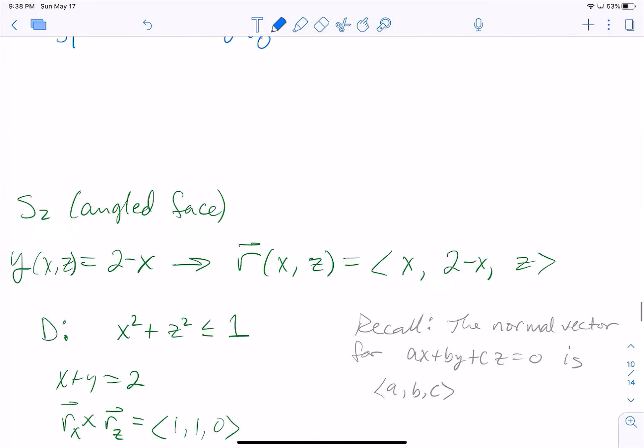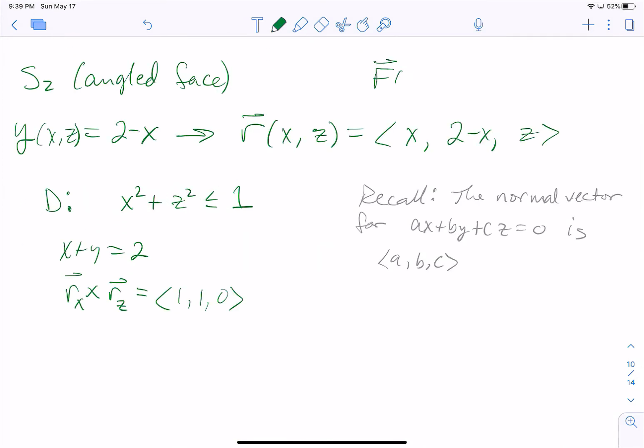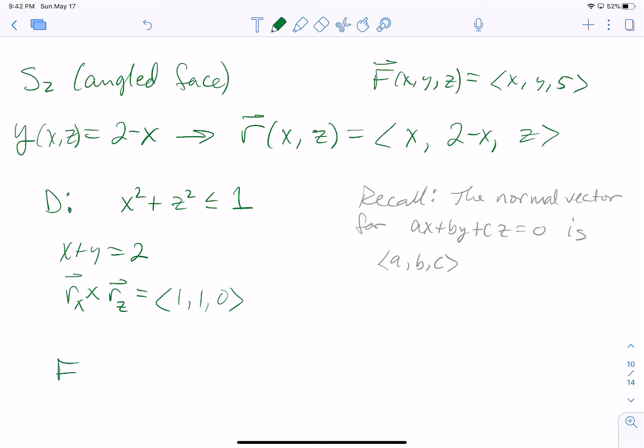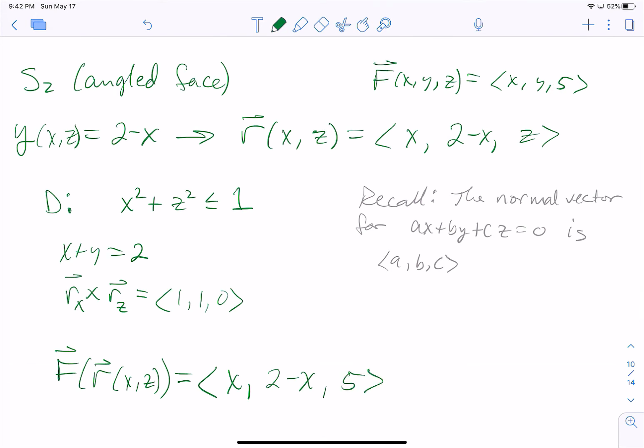Now for the angled face. Same F. F of x, y, z is equal to x, y, 5. But we have a different r. So F, the vector field, evaluated at the parameterized vector function r of x, z, is equal to x replaces x. Okay, that's not really a replacement, but whatever. Y is replaced by 2 minus x. And 5 is constant, so it's not going to get replaced ever.